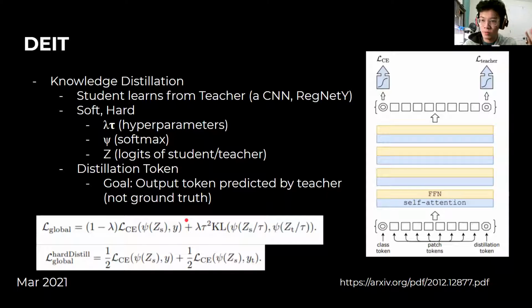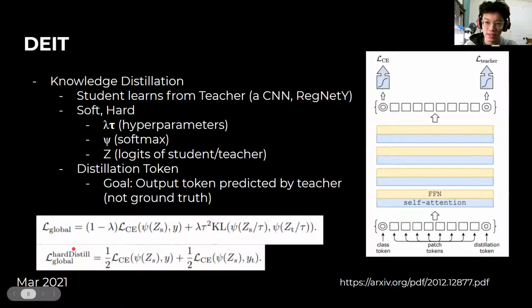Lambda here, you know what lambda is. We have tau here. Tau is actually the same as the temperature that we talked about. So remember, the higher the temperature, the smoother the labels. KL is just another loss function. We softmax both the student logits and the teacher logits, and we compare their loss. And that's the usual way of doing distillation.